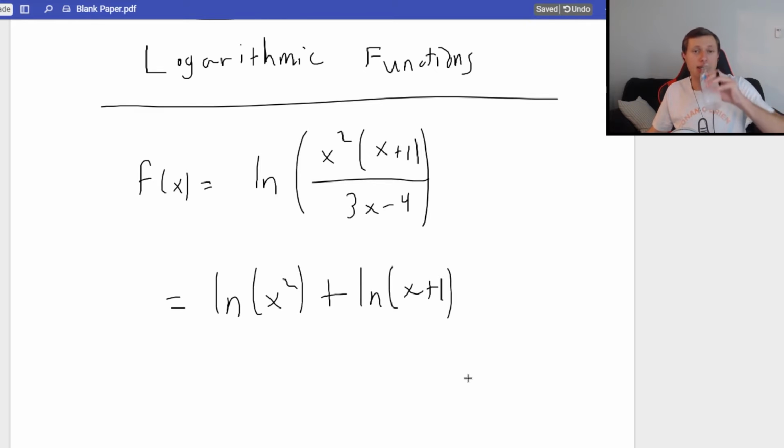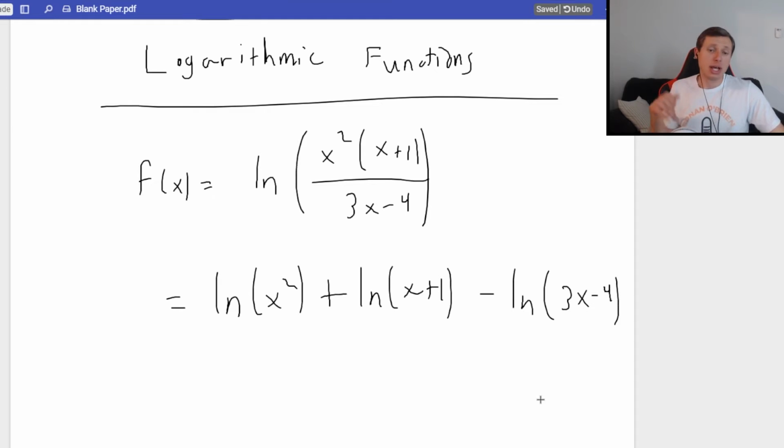How do we factor that in? In the denominator, it becomes minus, so minus the quantity natural log of 3x minus 4. This is mostly it. There's one more thing we can do. I see here I have natural log of x squared. Remember, whenever I have an exponent here, like x squared, I can take this exponent and write it out in front.